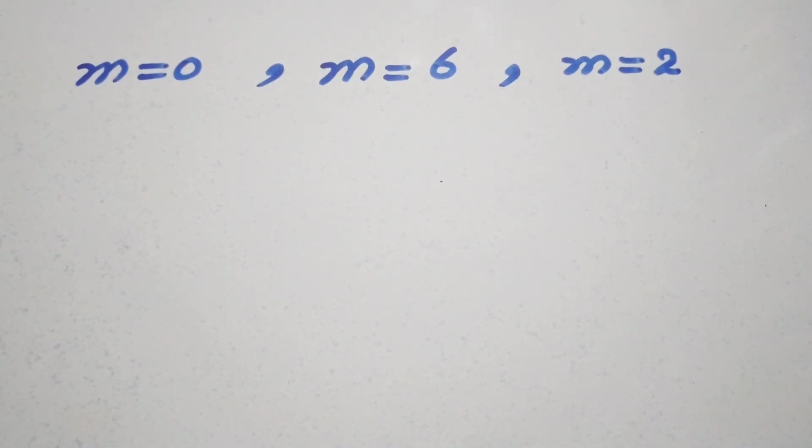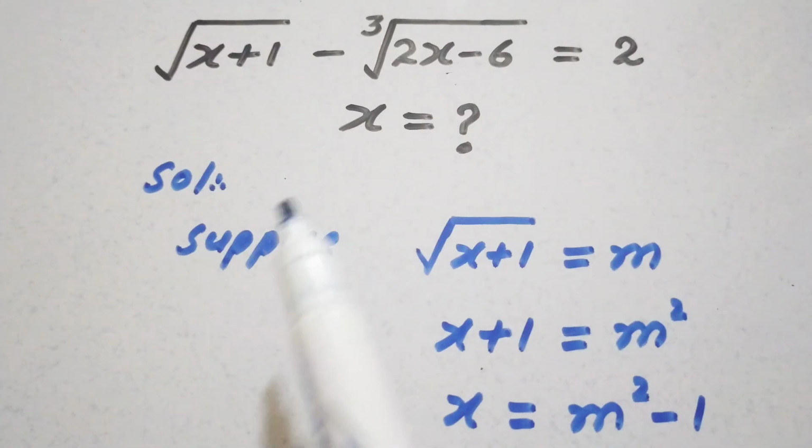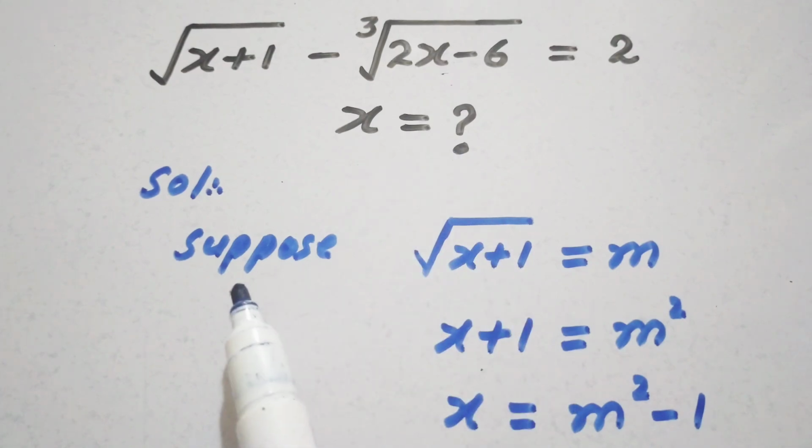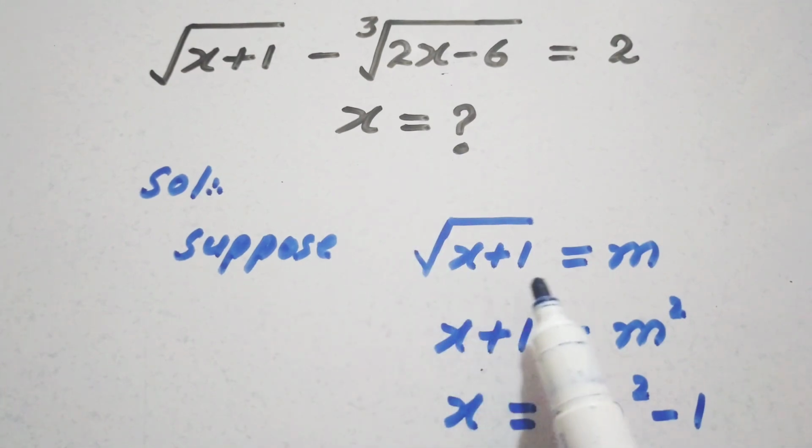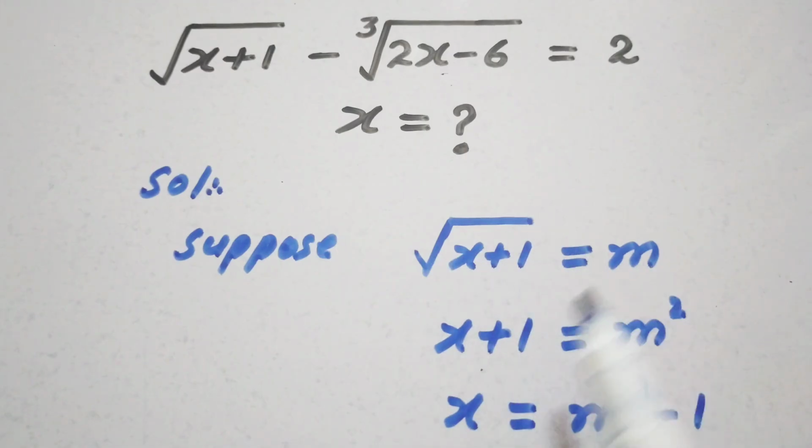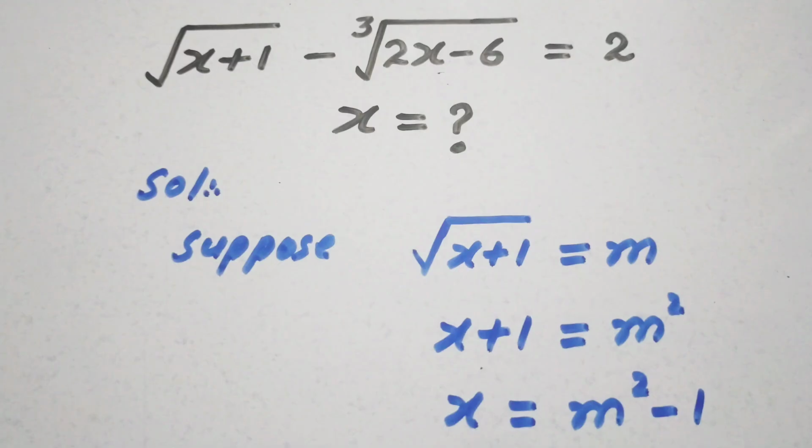Now recall that we are interested to find x, and we have supposed that square root of x plus 1 is equal to m, or by squaring on both sides we get x plus 1 is equal to m squared. From this we get x is equal to m squared minus 1.